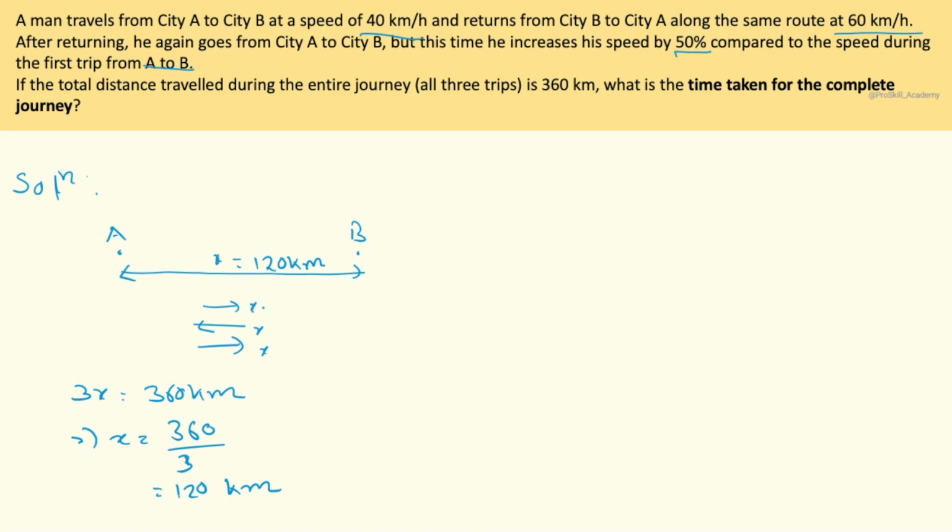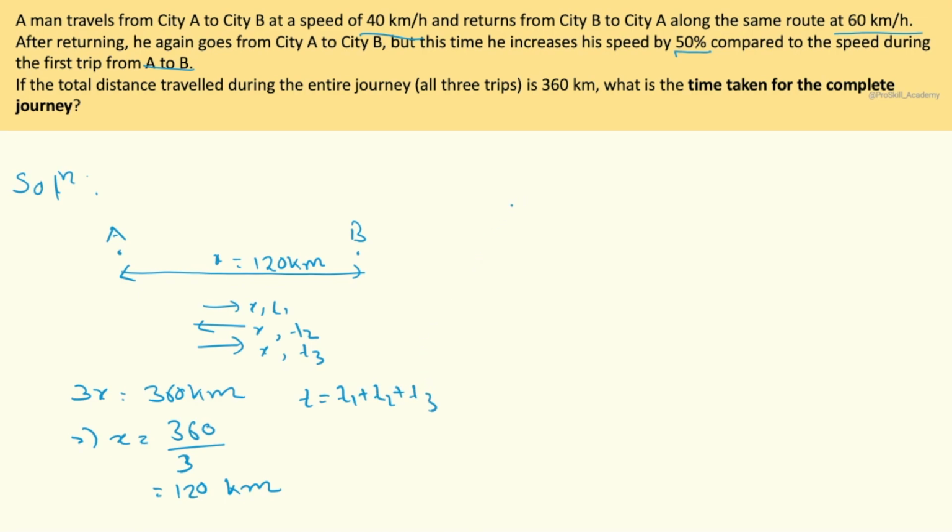Let us say that the first time is t1, the second time is t2. What I mean is that from A to B is t1, and then B to A is t2, and then at last again A to B is t3. So the total time would be equal to t1 plus t2 plus t3.